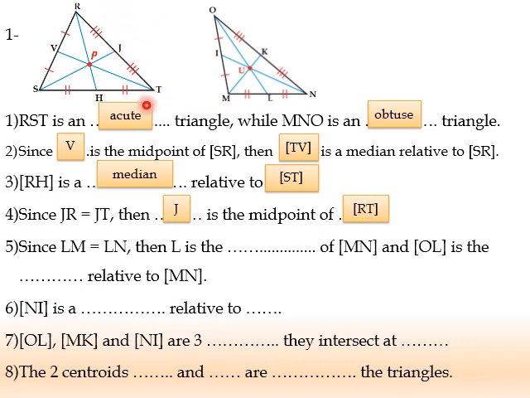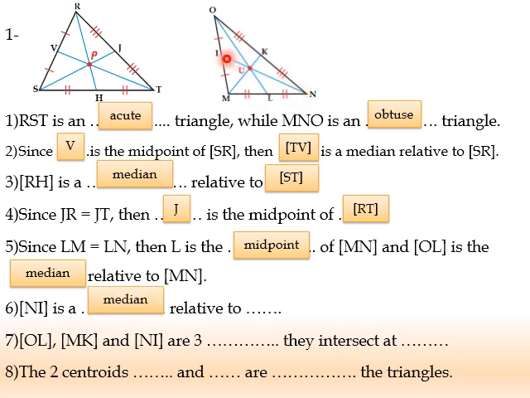Now, since LM equals LN, what can I say about L? It's the midpoint of MN, and OL is a segment issued from vertex to the midpoint of the opposite side. So it's the median relative to MN. Now, NI is a median relative to OM.